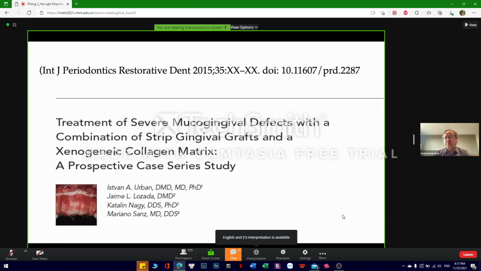Basically, using this principle together with Dr. Itzvan Urban, we published a modification of this approach to treat large areas in the maxilla or the mandible when there is a need to enlarge a lot of tissue.